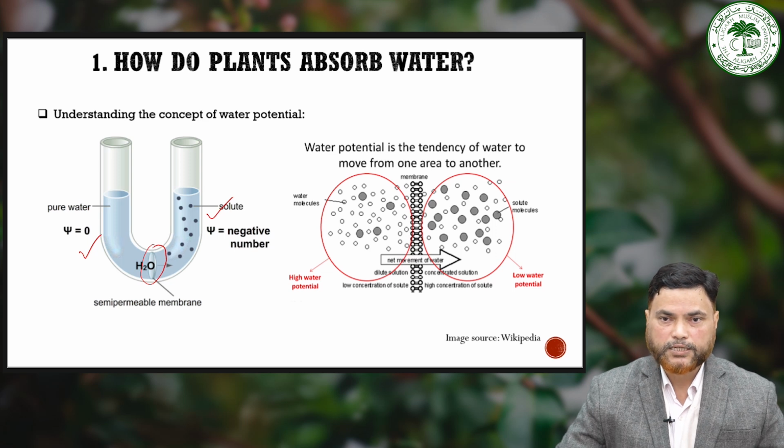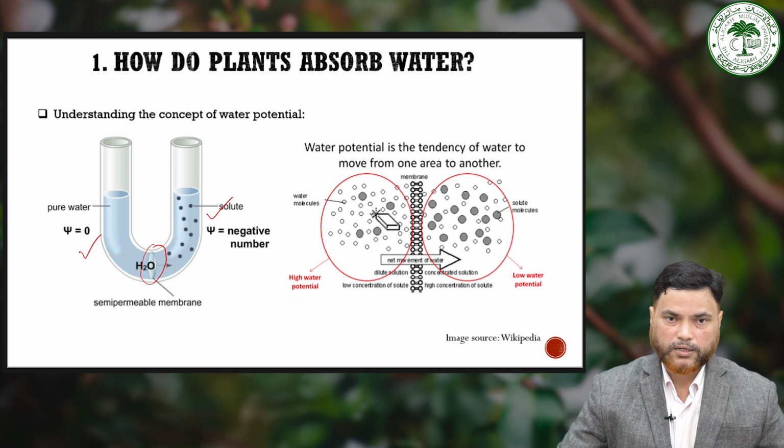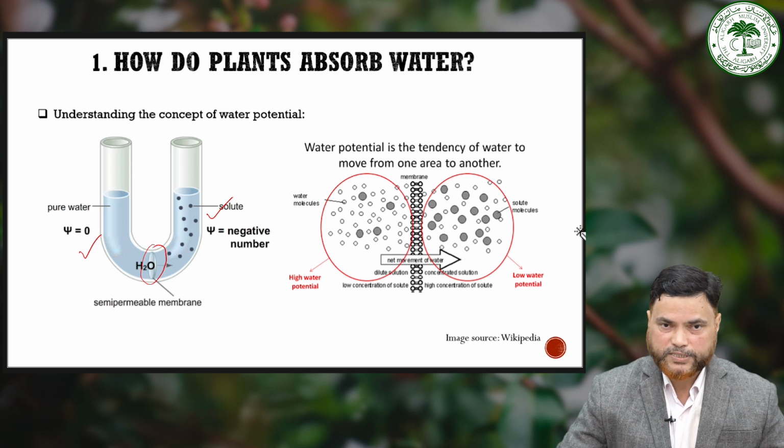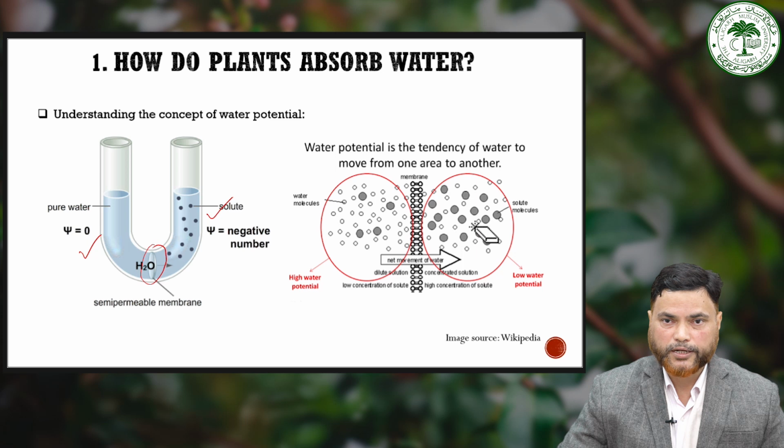So you see in this diagram there are two cells. On the left side you see that cell is having pure water, whereas on the right side cell generally contains presence of solute.